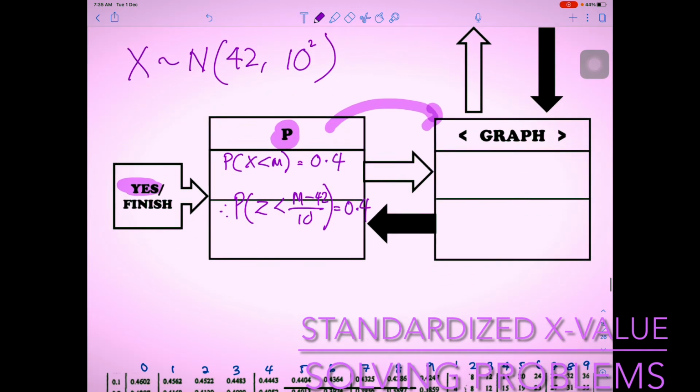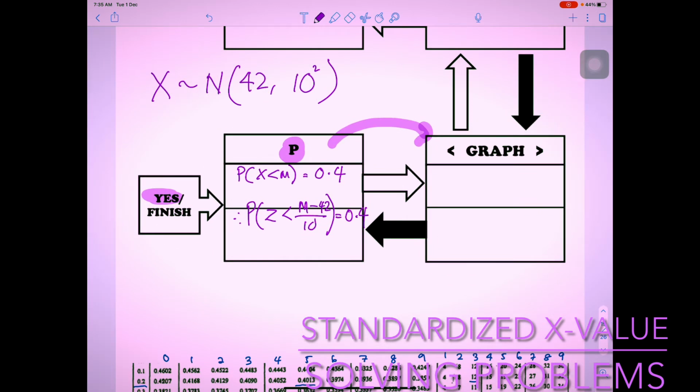Next step, we sketch the bell-shaped curve, with positive Z on the right and negative Z on the left. 0.4 is less than 0.5, so the direction of the inequality is to the left, with area less than 0.5.